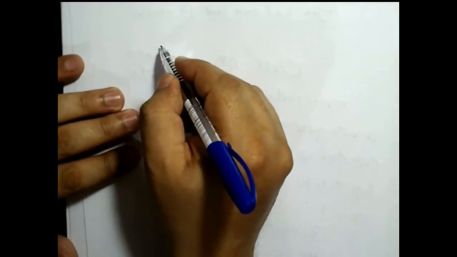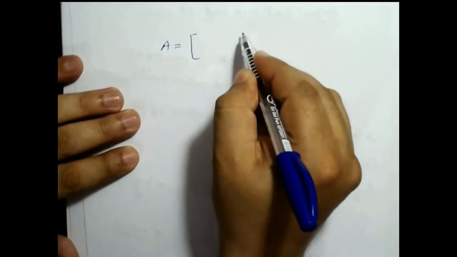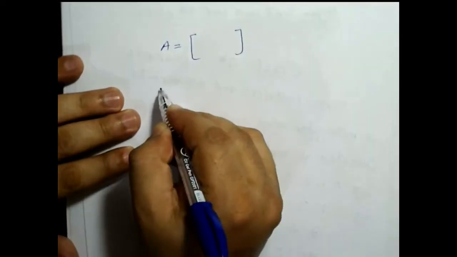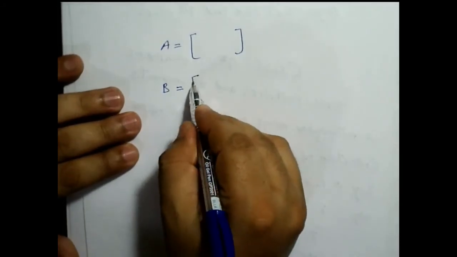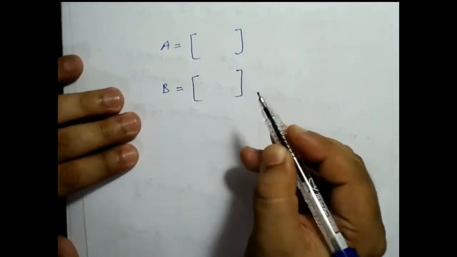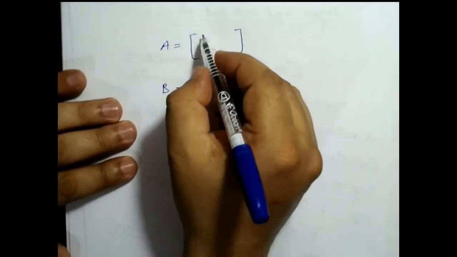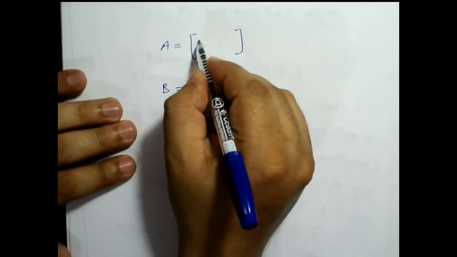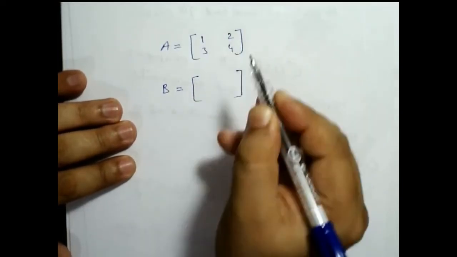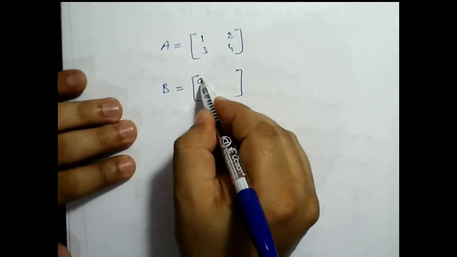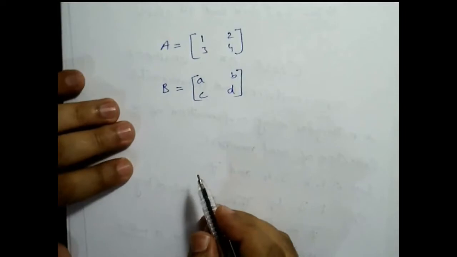Let me give you one more example to understand the rows and columns of a matrix, because it is important to understand. For example, I have two matrices A and B, and the elements of A are 1, 2, 3, 4, and the elements of B are a, b, c, and d.